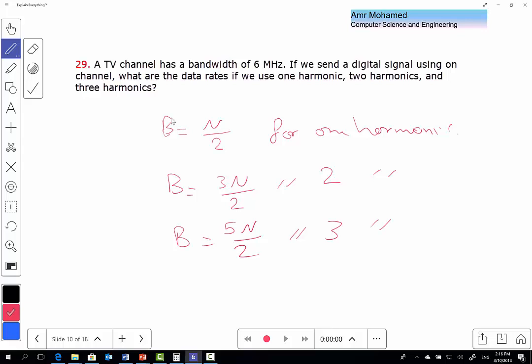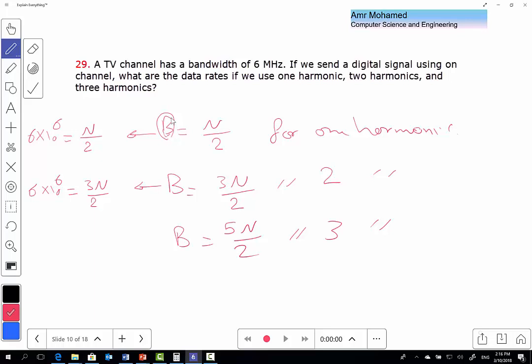Right? So this leads to the fact that if we have the bandwidth already, this bandwidth is 6 megahertz. So for this case, 6 times 10 to the power 6 equals n over 2. So n in that case is 12 megabits per second. For two harmonics, 6 times 10 to the power 6 equals 3n over 2, so n in that case is 4 megabits per second.